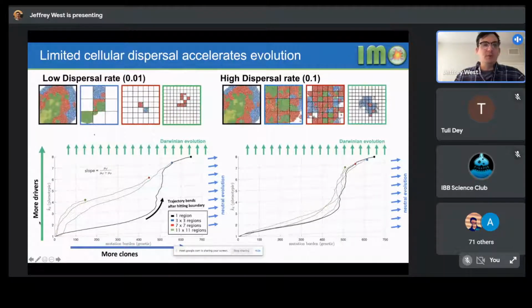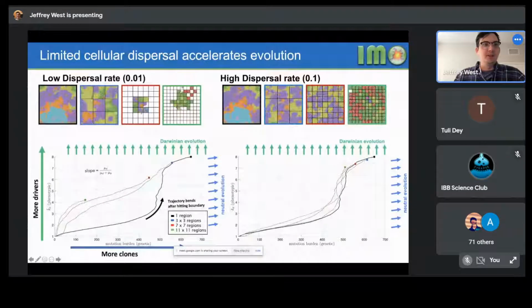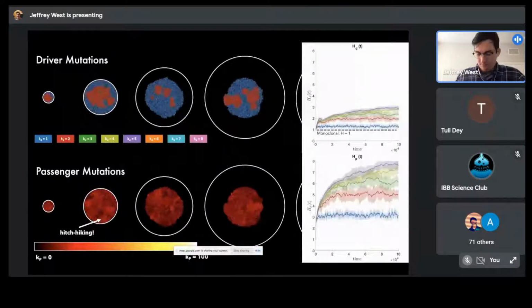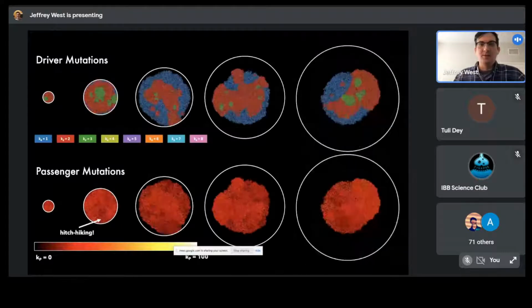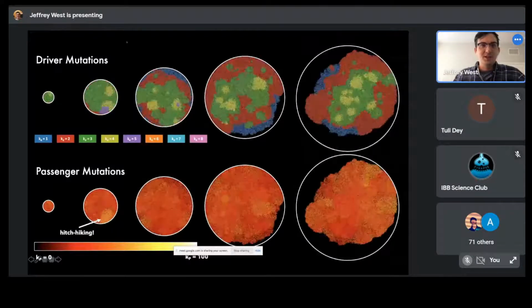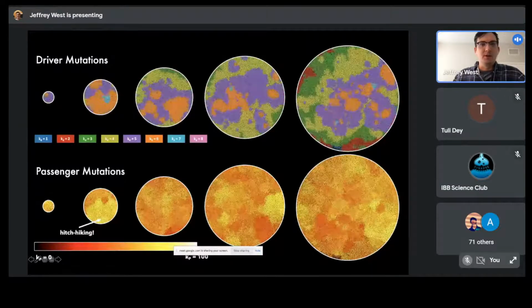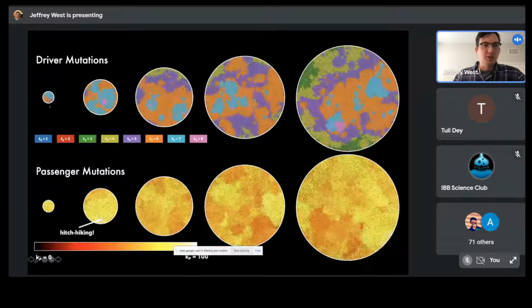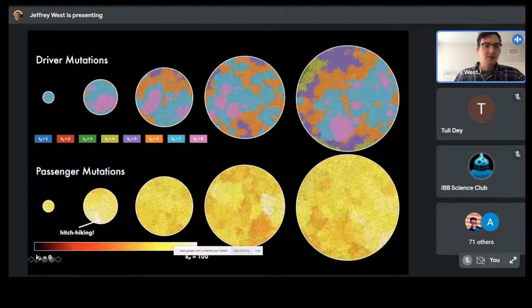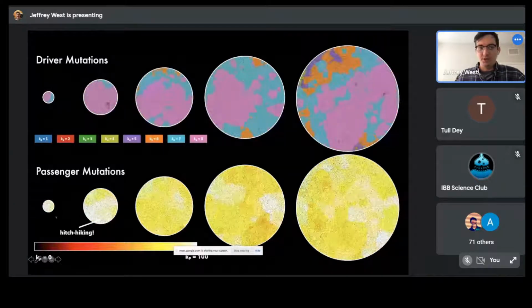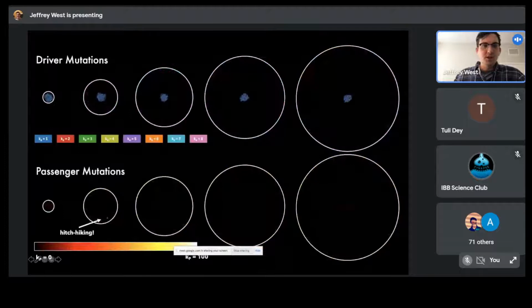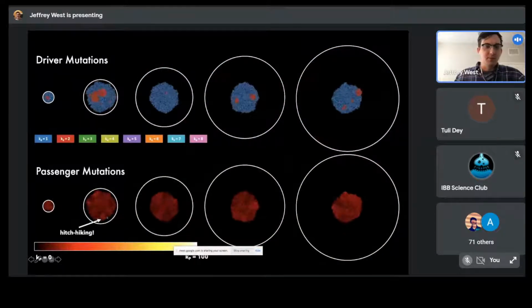So I wanted to go back and look at each of these cases again, but looking at passenger mutations. So we can compare the same simulations as before, these driver mutations, and then on the bottom we have passenger mutations. So we do see an example of this passenger-like behavior.